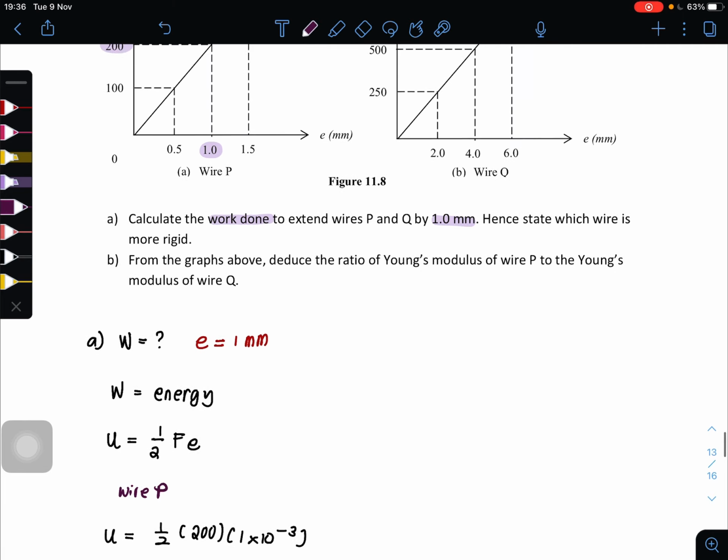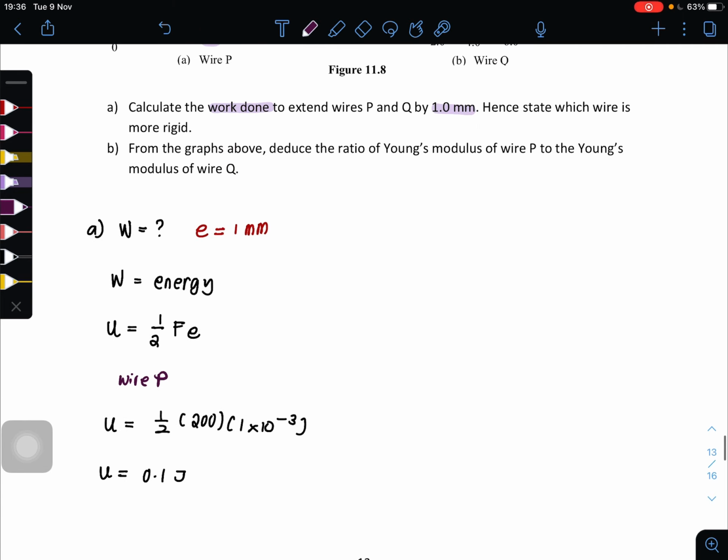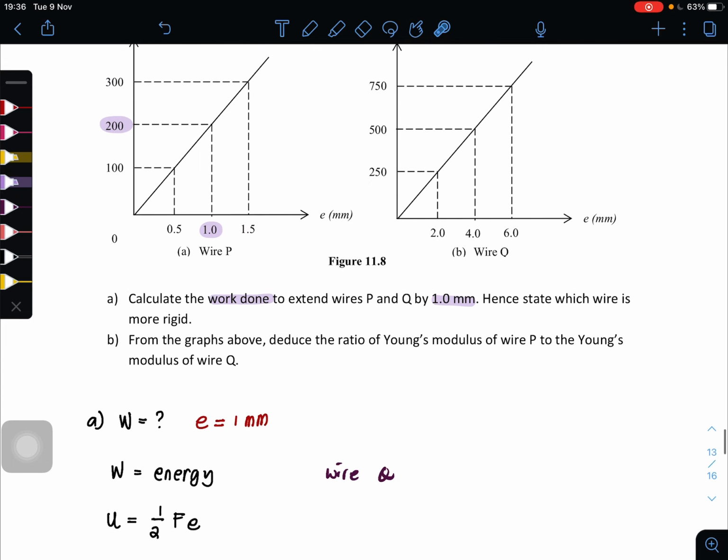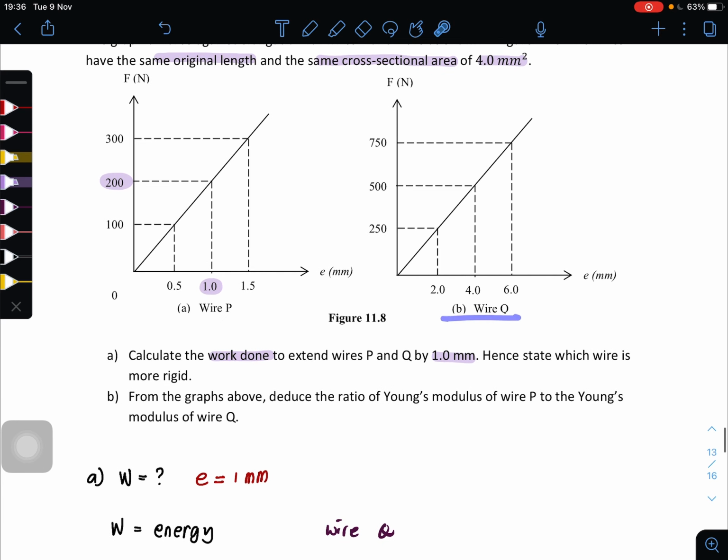Okay, next one for wire Q. Daripada graph untuk wire Q, we are not given the exact value for when the elongation is 1 mm. Sebab soalan minta apabila 1 mm, which is somewhere around here. But we can actually calculate that one based on the pattern here.